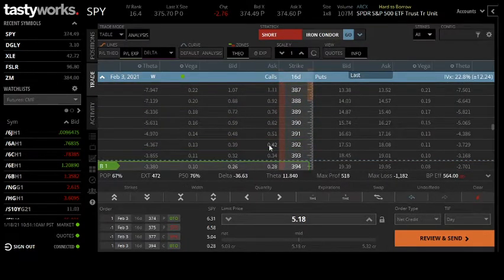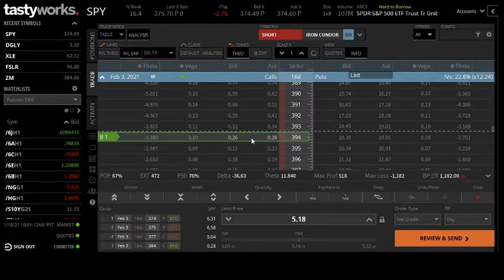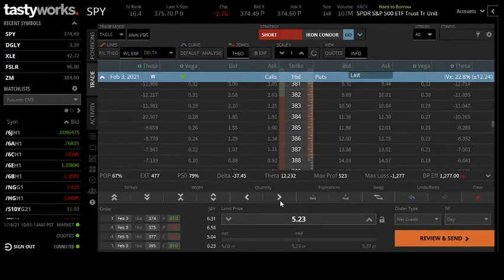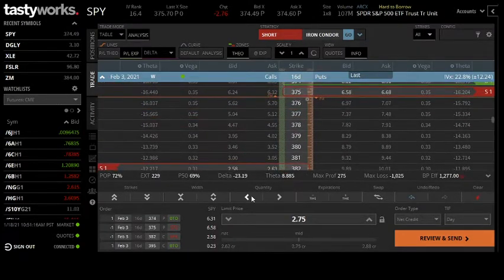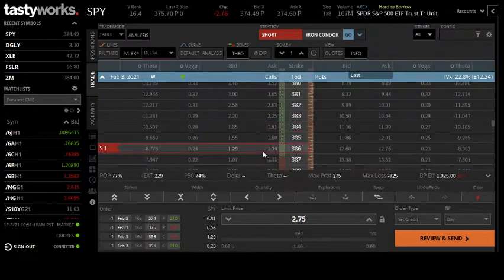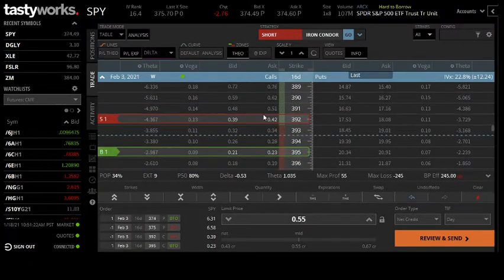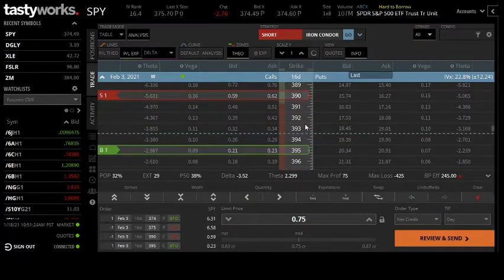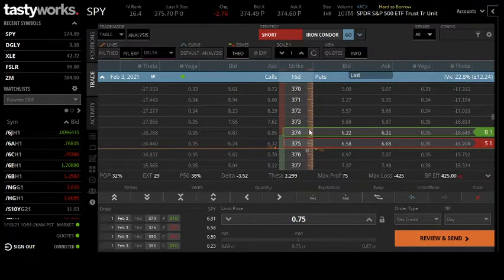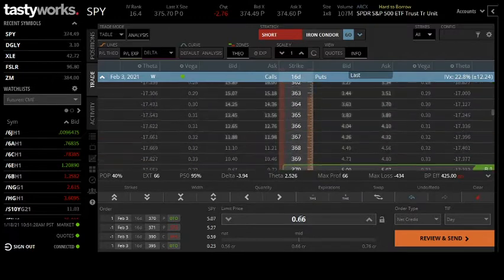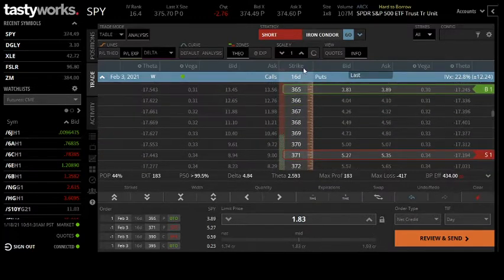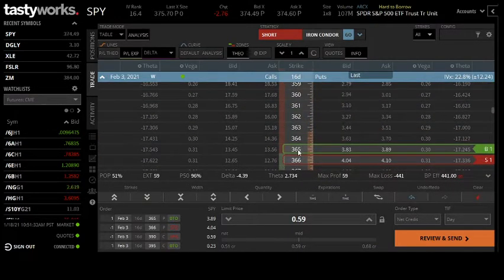You want to collect 1/3 of the width of the strikes. So if you have $5 wide strikes, you want to collect about $1.50. But you can go further out. Especially right now, when stocks are playing within a range, they're good. These are fun to have.